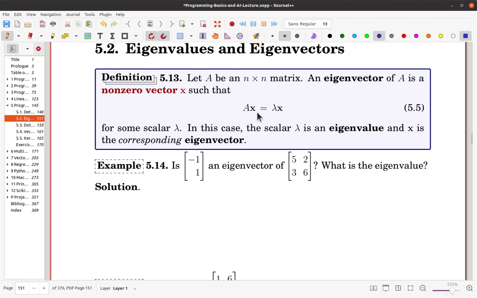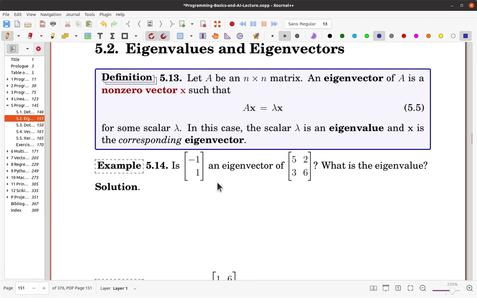In this case, the scalar lambda is an eigenvalue and x is the corresponding eigenvector. We'll try to get a better understanding of these new terms by solving some examples.